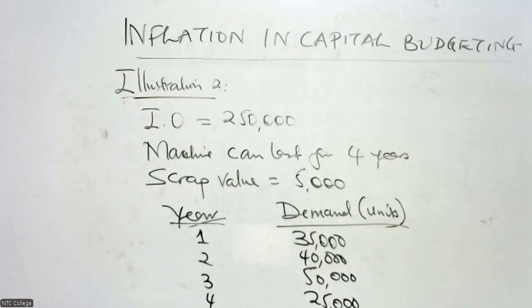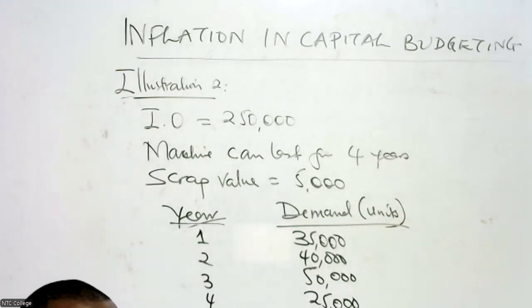selling price and cost are expected to increase as follows. Number one, selling price will increase by 3% per year.